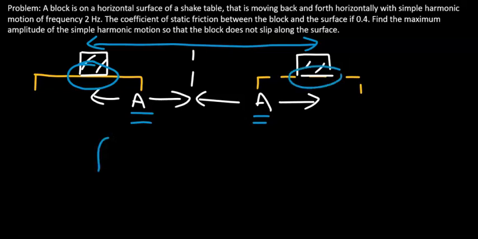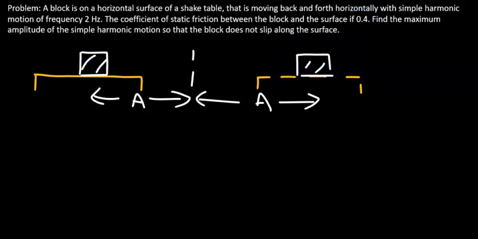And that static friction plays an important role in keeping the block in place when the table shakes back and forth. The maximum value of that static friction is characterized by that coefficient of static friction. So given the coefficient of static friction is 0.4, what is the maximum amplitude of that simple harmonic motion so that the block does not slip along that surface?